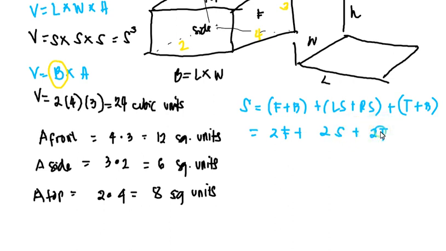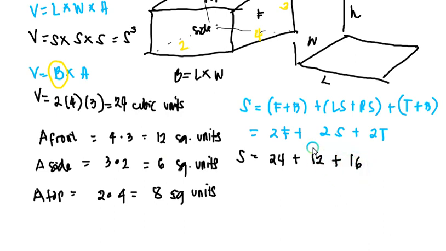That means if we solve our surface area, your surface area will be equal to your 2 times 12, which is 24, plus 2 times 6, which is 12, plus 2 times 8, which is 16.